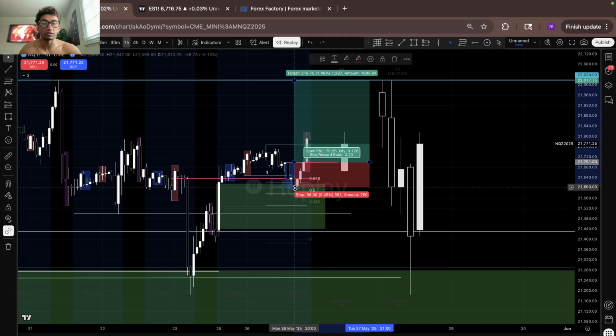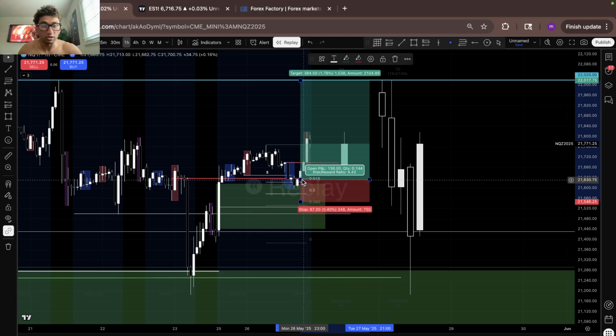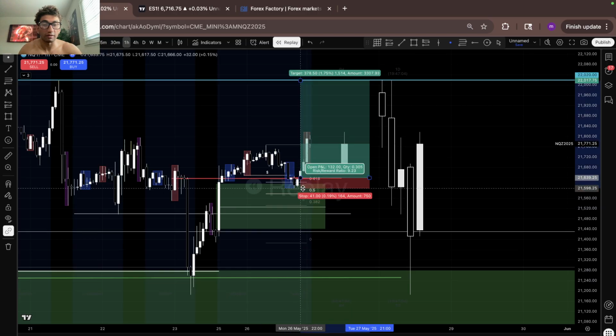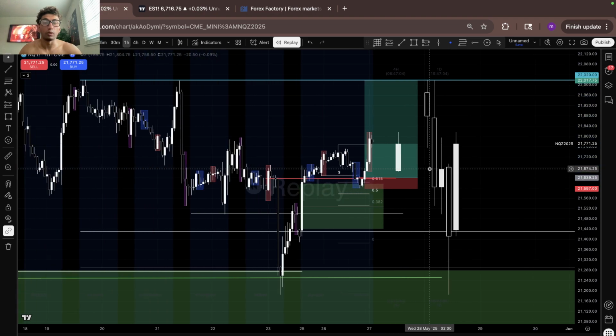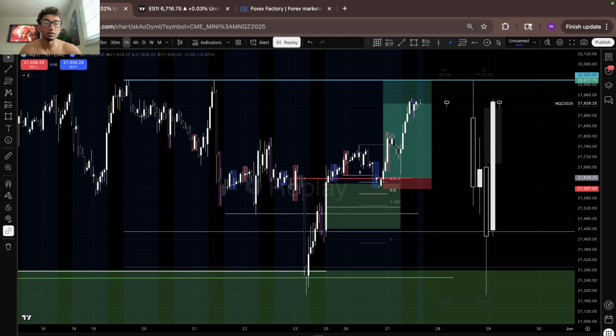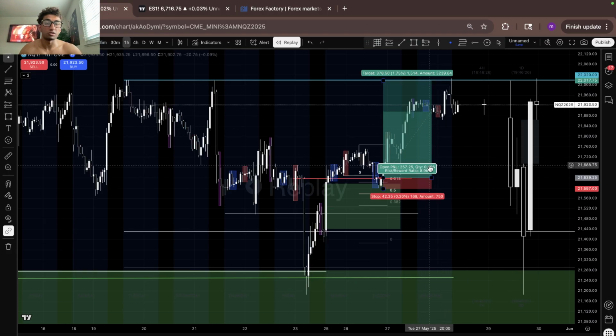Or you could enter just off the liquidity sweep, and I guess after this up move you can enter off that. So once we change state through here and have your stop there, then you get a way better risk, and then price takes its time, and eventually we hit TP.